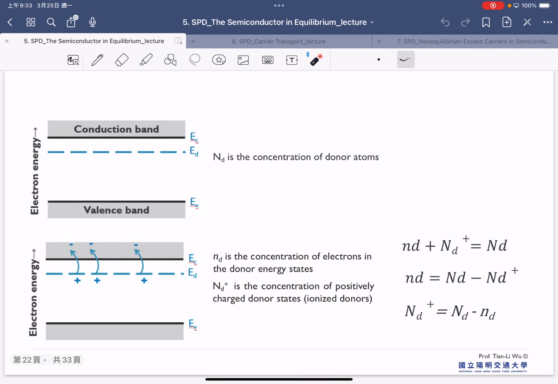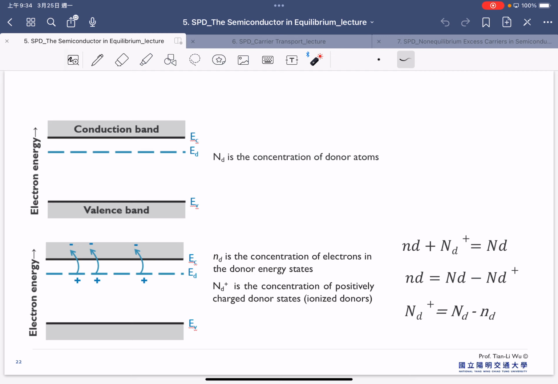Since we start to talk about the extrinsic semiconductor, we also have to evaluate the charge neutrality once we have extrinsic doping here. In this case, we assume there's a donor energy level just slightly below our conduction band, and ND is the concentration of the donor atoms, and ED is the energy level of the donor atoms here.